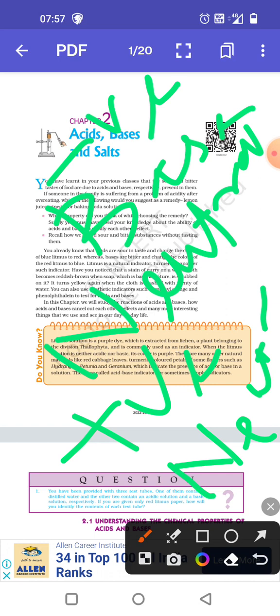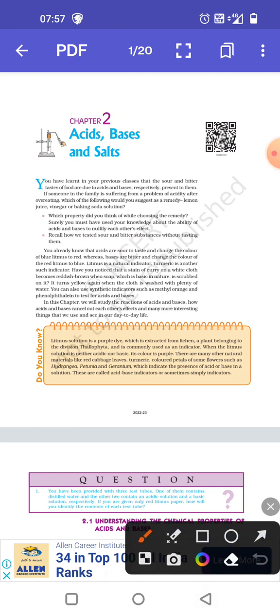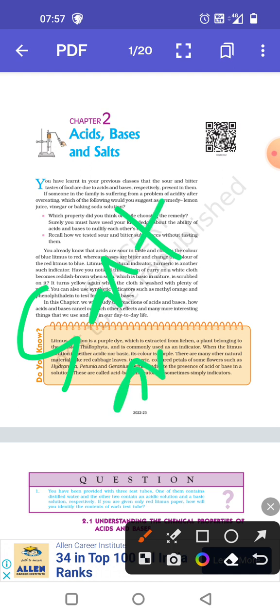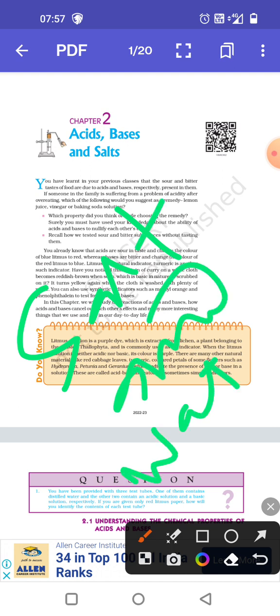That results when acid and base react to each other to form salt and water, which we have studied in previous classes, like your class 9th, 8th. Then what do you mean by a neutralization reaction?